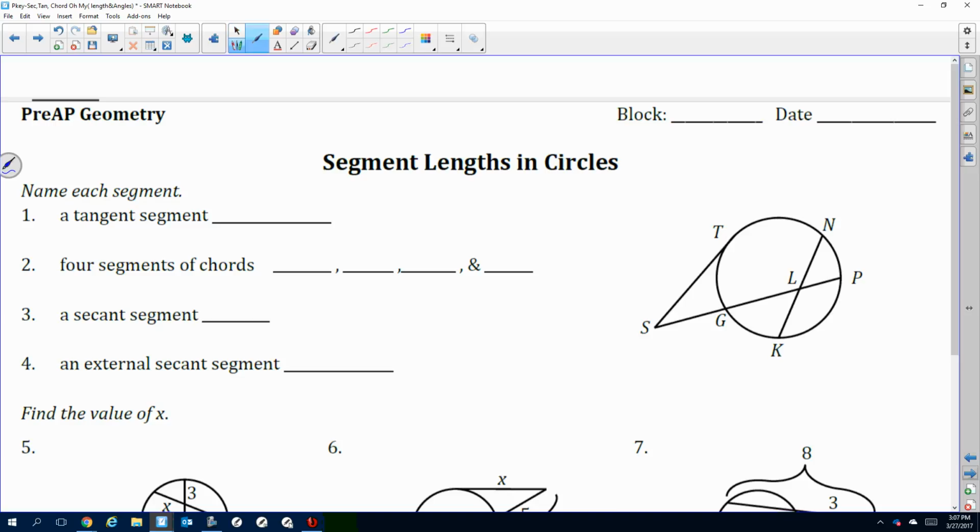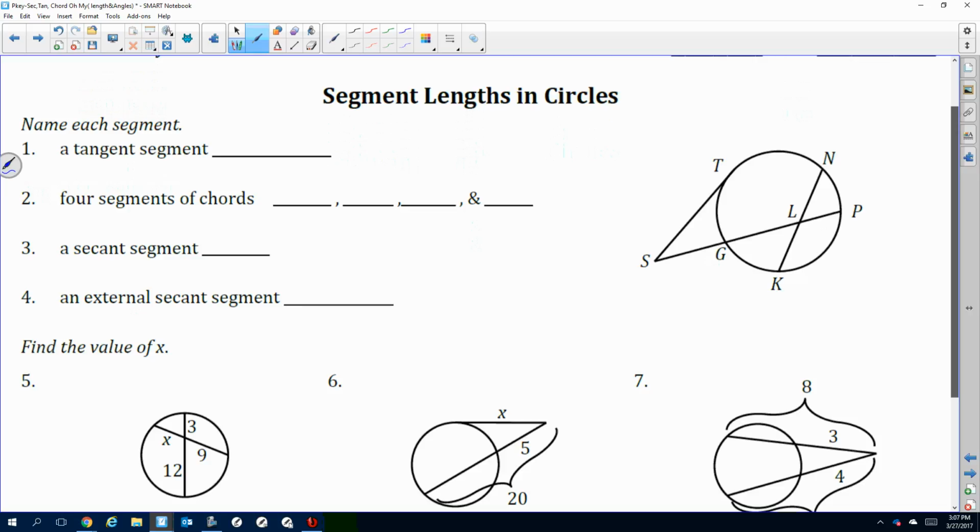So name each segment. Where's the tangent? Yes, this is it. Name the tangent: ST. Name 4 segments of chords: GL, NL, LK, and LP.